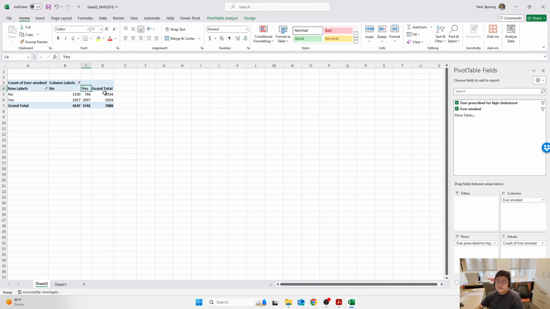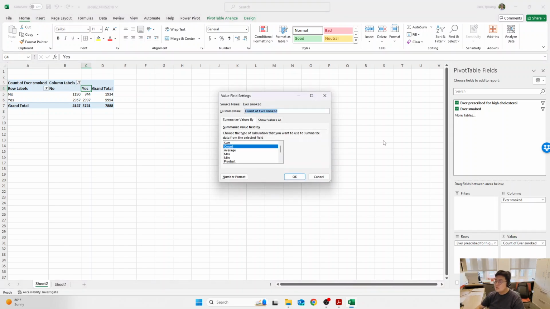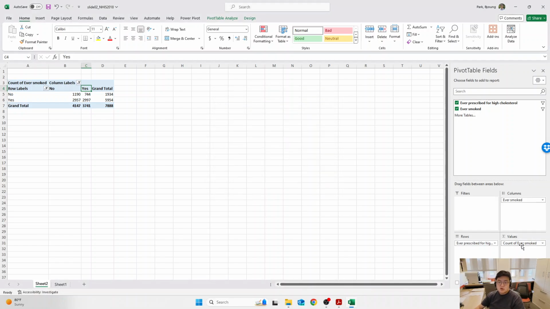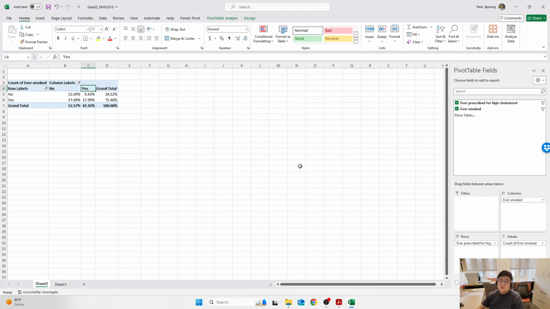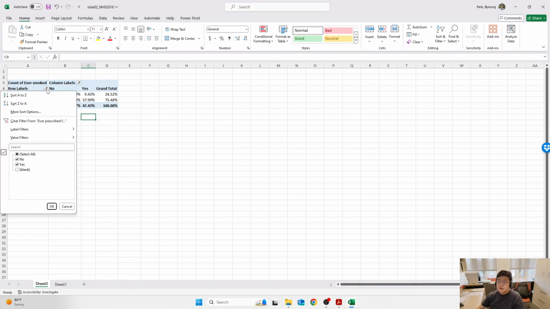So this is the first step, and second step, we are going to convert the count frequencies into probability. So see here, value field setting and show values as probability, right? So this is the probability of 4 different outcomes, right?